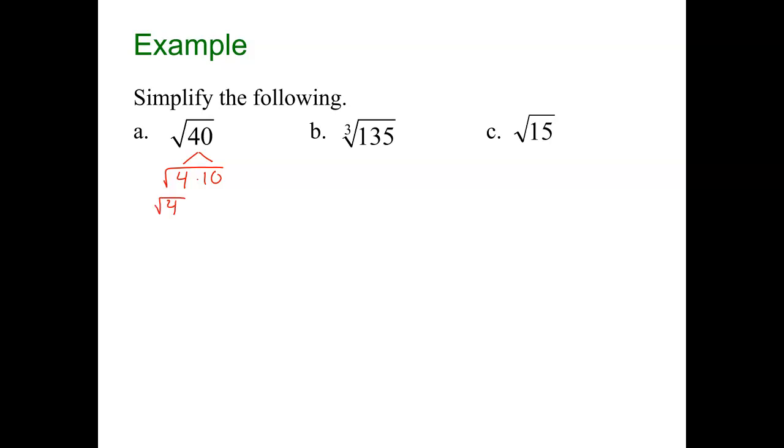So then when I split it, using my product rule, I can take the square root of 4 to get 2. 10 does not have any other perfect square factors, so we leave it as 2 square roots of 10. I put the number backwards there.